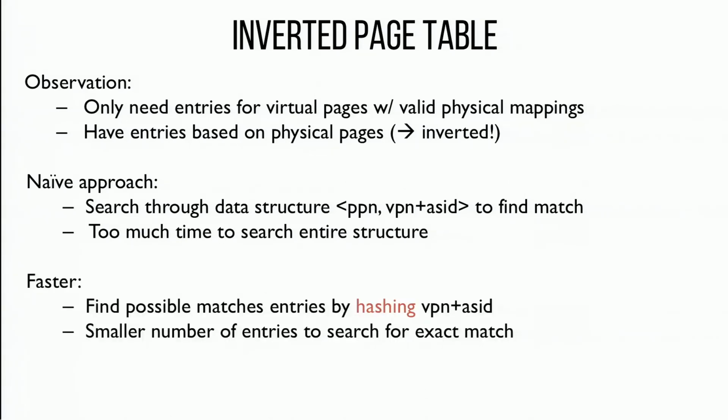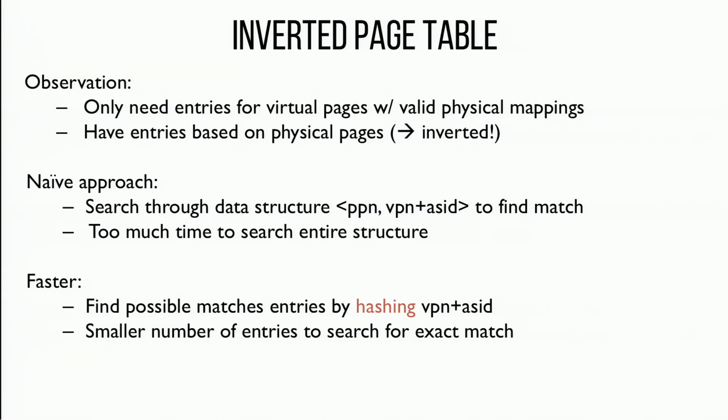So what systems have done is to use our fine technique of hashing. You just take a hash over your virtual page number and your address space identifier. That gets you to a small portion of your data set. Then you can look very quickly to see if anything that hashed to that same value actually has your correct VPN and address space identifier, and it will tell you in that data structure where the physical frame number is that you're looking for.